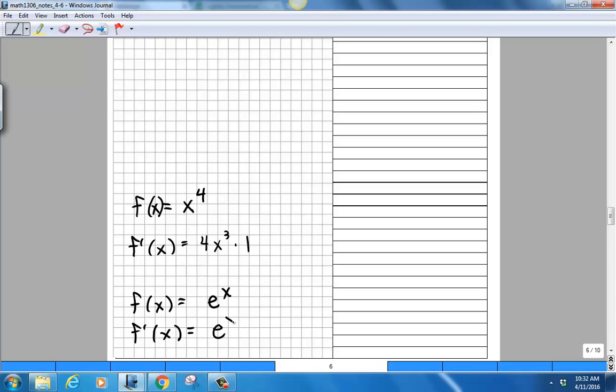It's just e to the x, correct? But the chain rule says it's not really just e to the x because you're supposed to multiply in here times the derivative of x. But what's the derivative of x? 1. Of course, when you multiply by 1, that doesn't do anything, so you end up with just e to the x.